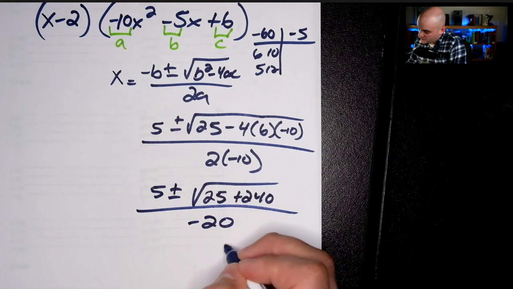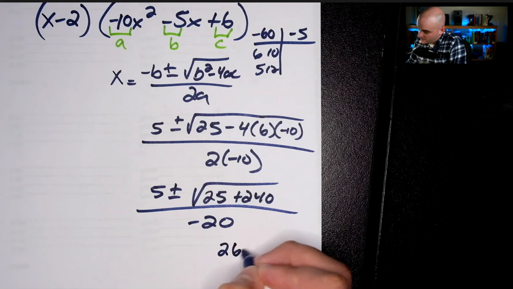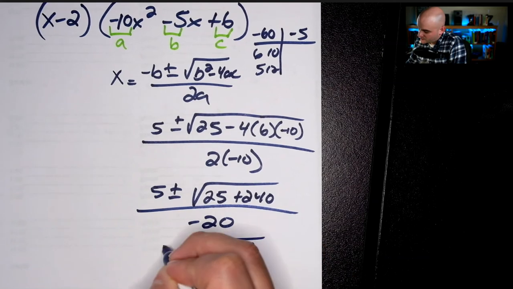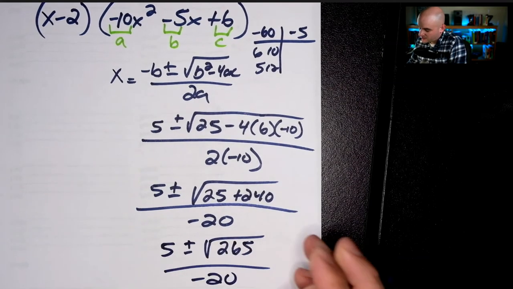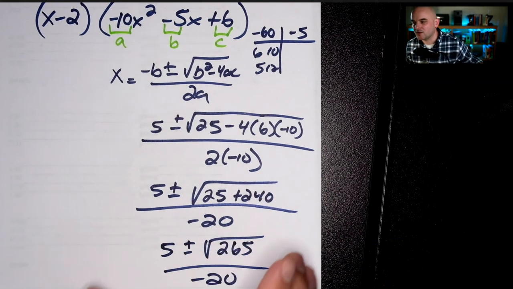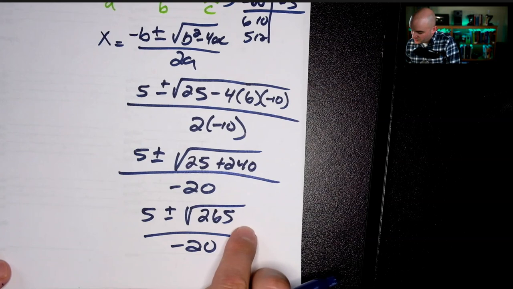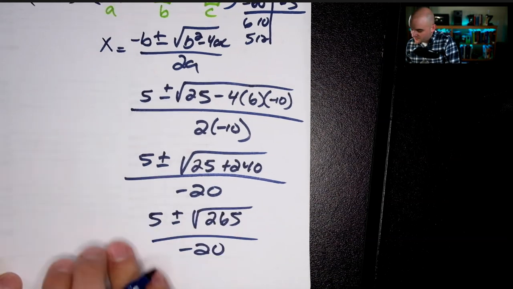So this becomes the square root of 265, plus or minus 5, over negative 20. I'm just going to double check and make sure I'm on the right track before I take you down the wrong path. Yep, that's right. So we got the square root of 265 plus or minus 5 divided by negative 20.